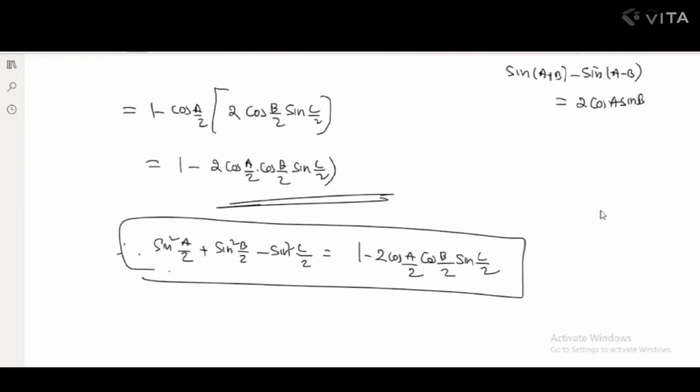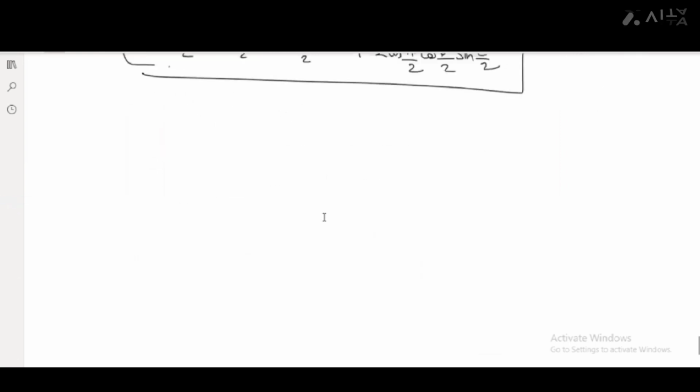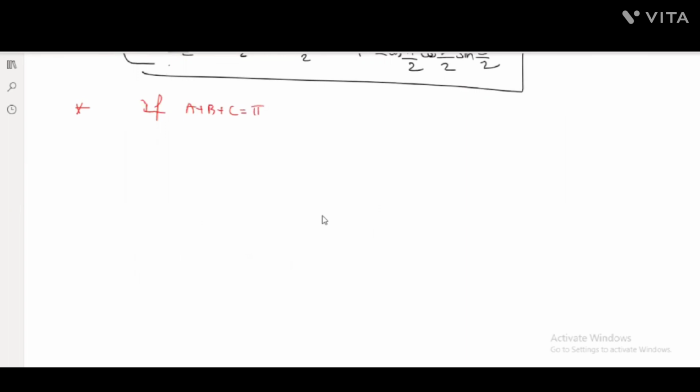So if we have a question like this: if a plus b plus c is equal to pi, prove that cos square a plus cos square b plus cos square c is equal to 1 minus 2 cos a cos b cos c.